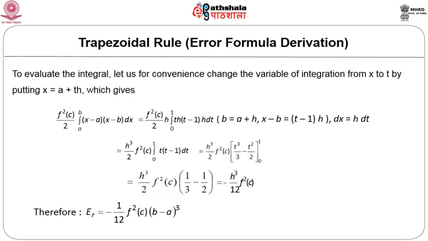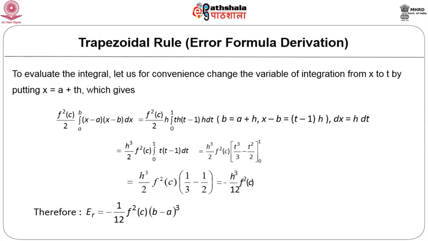So, what we get is f''(c) by 2, h comes outside, inside the integral 0 to 1, th into (t minus 1)h dt, and h squared being a constant independent of t, that also can be taken outside. So, h cubed by 2 f''(c) and the integral from 0 to 1 of t into (t minus 1) dt. This expression t into (t minus 1) is t squared minus t, integrated from 0 to 1.